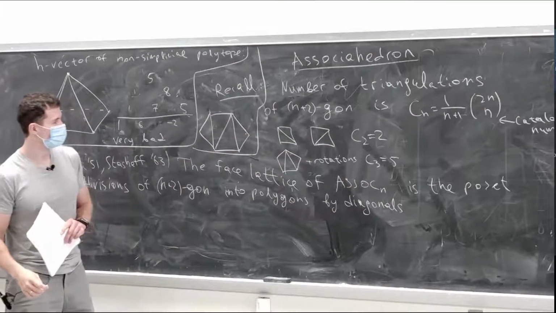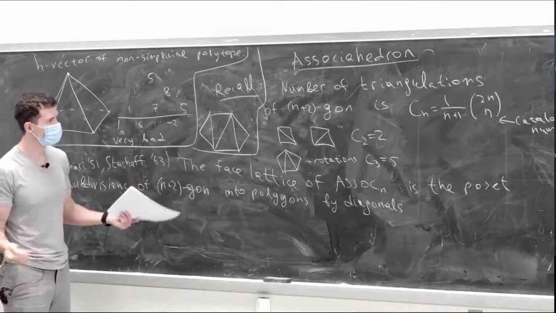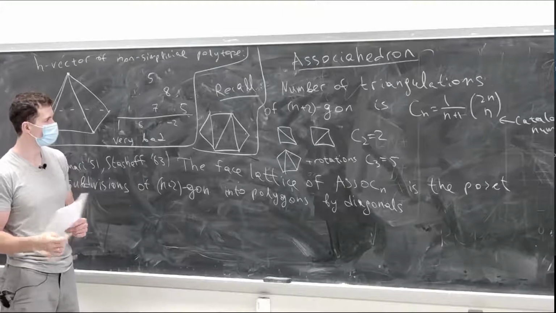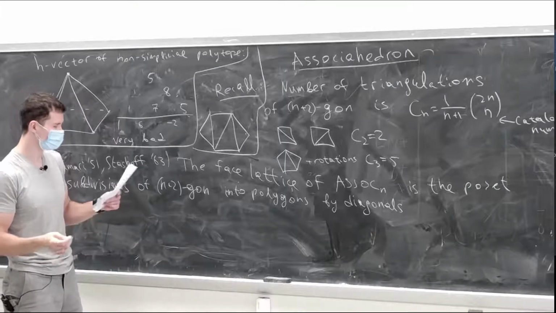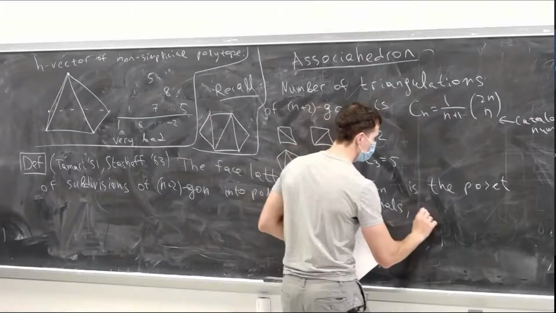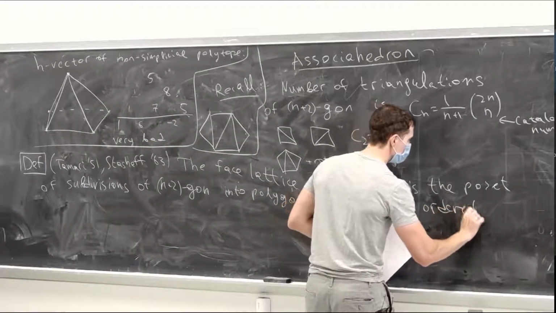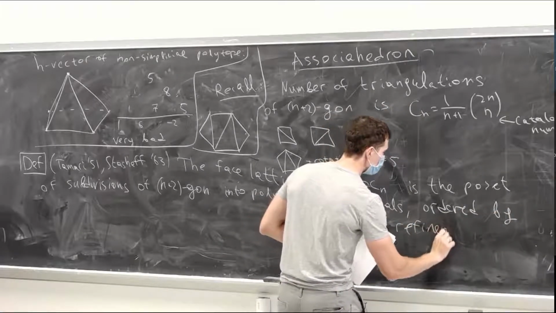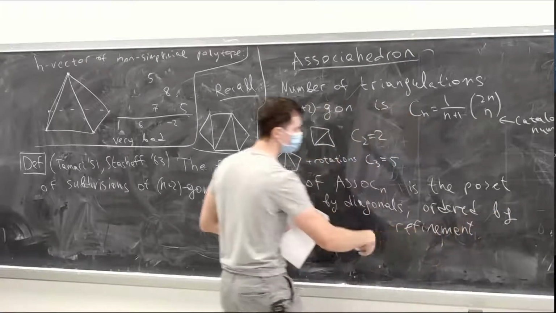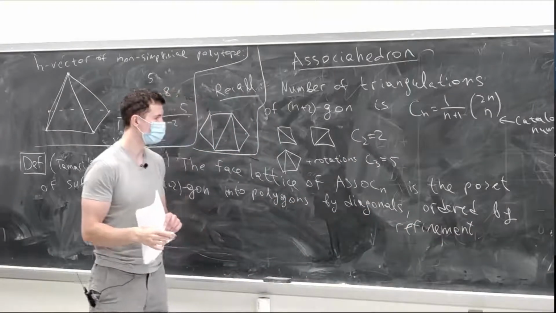And if it's a poset, there should be an order relation. So my order relation is going to be just inclusion or refinement, ordered by refinement. By refinement, I mean just keep adding more diagonals.